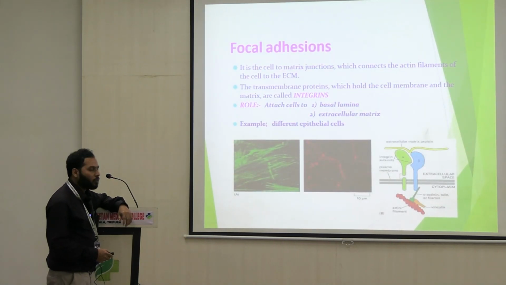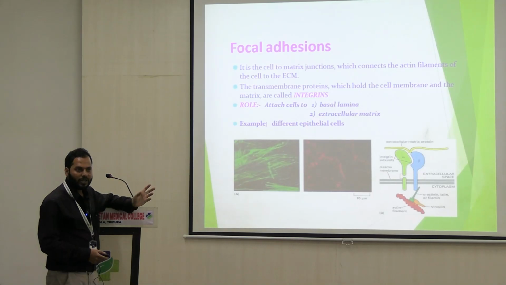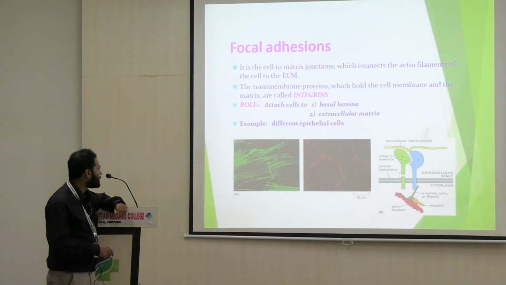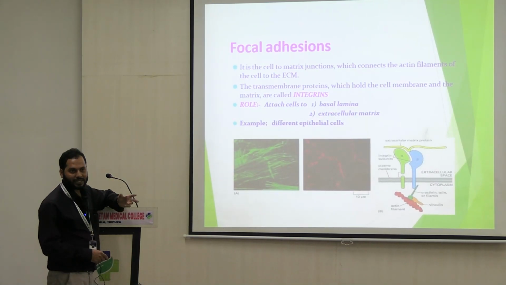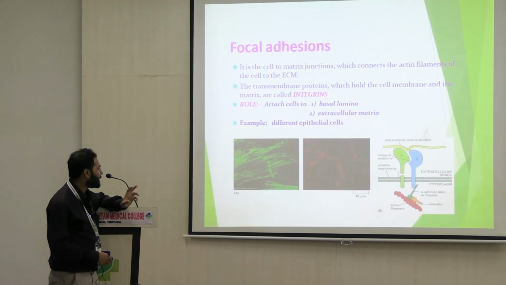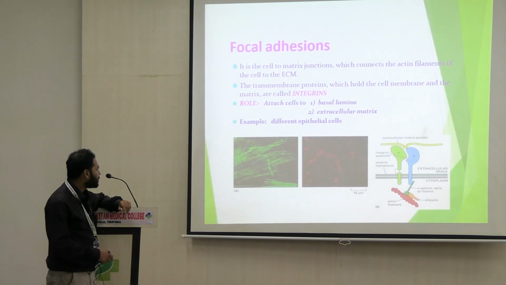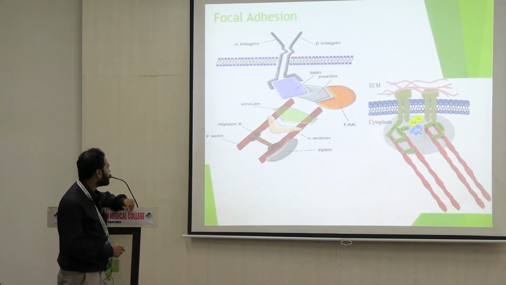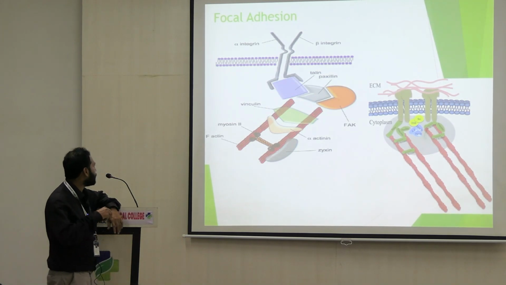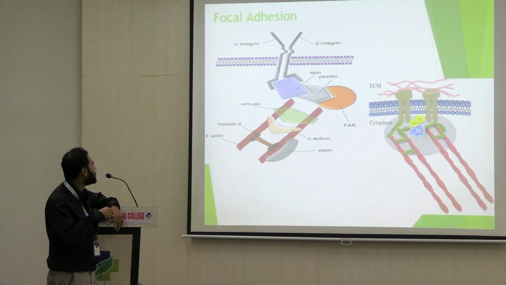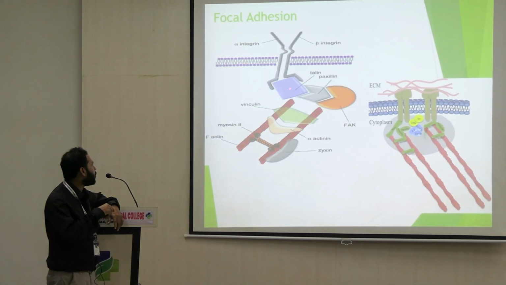I've already mentioned what proteins are present in focal adhesions and whether they are attached to the cell or to the cell matrix. You see in broader diagrams, these are the integrin proteins and these are the adapter proteins.